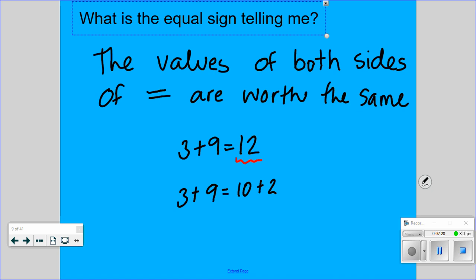Those aren't answers. Those are two little expressions now. Do they look the same? No, they don't look the same, but they are worth the same. That equal sign is saying, hey, the left side of me and the right side of me, they have the same value, even if they look different.